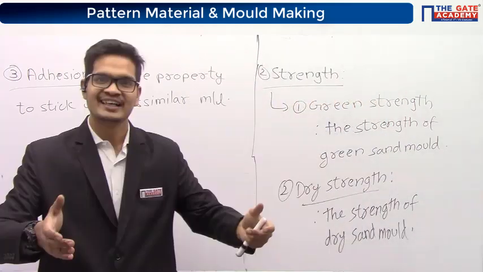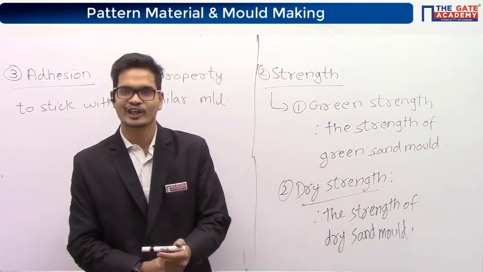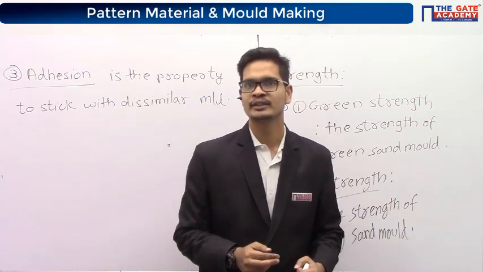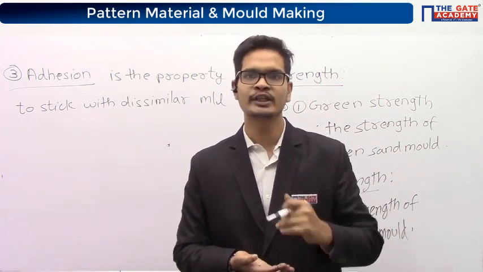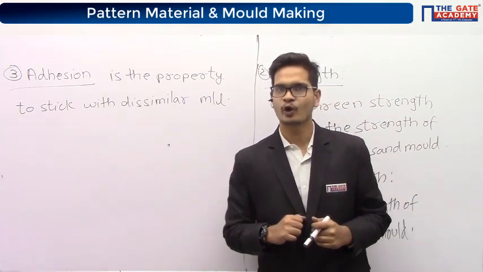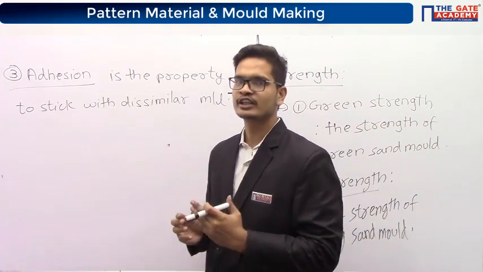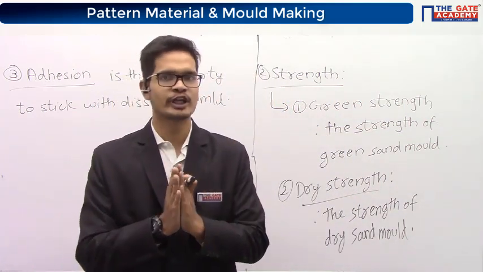Guys, you saw the molding flask. Inside the molding flask, we made the mold, right? The molding flask is open from the top and the bottom. So, if the adhesion property is good, the molding sand will stick to the molding flask.